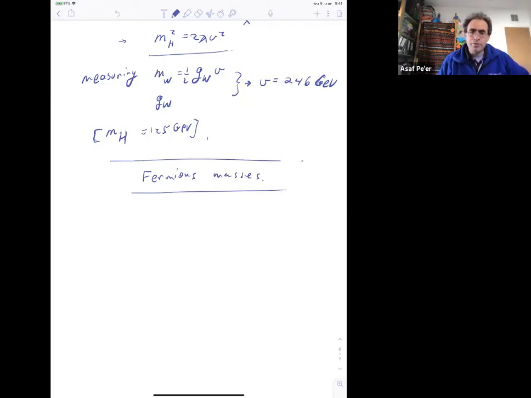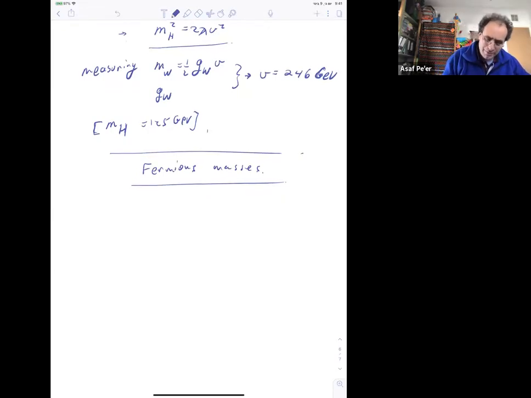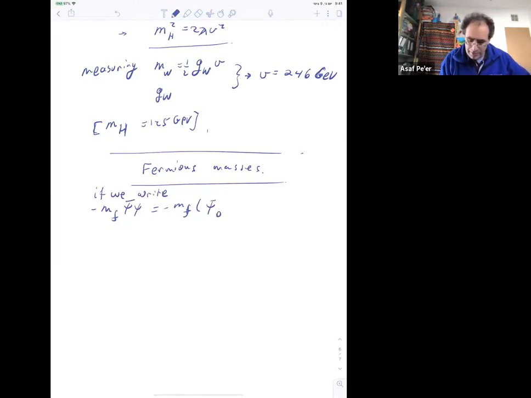If we try to put masses to the fermions in the simplest way, we write minus m_f psi bar psi. Since it's a Dirac field, this is minus m_f times psi bar left psi right plus psi bar right psi left.